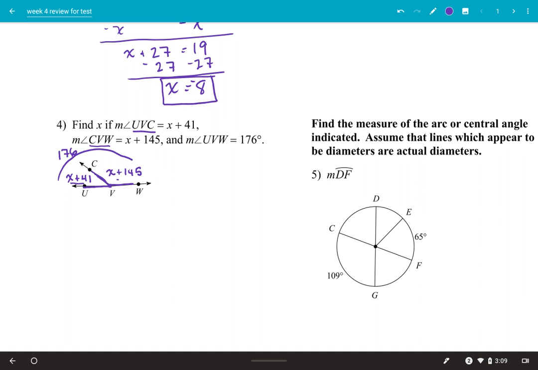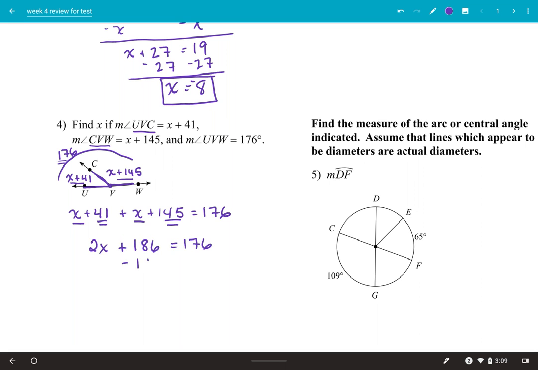So little piece plus little piece equals the whole thing. 2x plus 186 equals 176. Combine your letters, your variables. Combine your numbers. And now you're going to simplify.